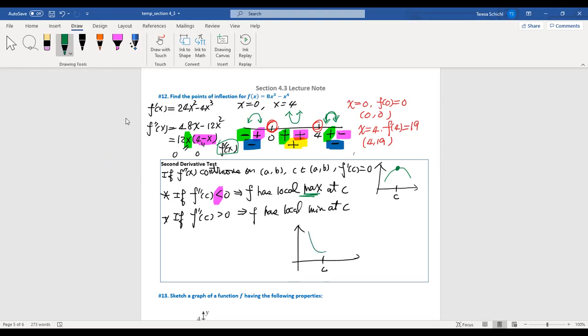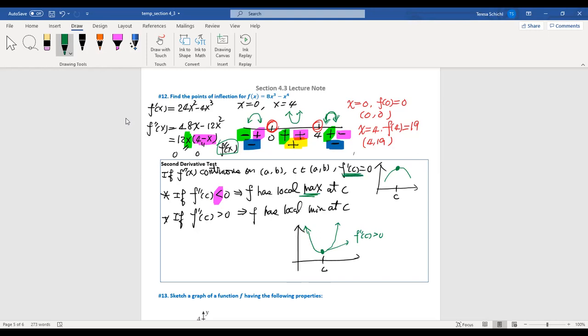That means I'm having concave up. So concave up, then this f double prime of c has to be greater than 0. Because it's concave up, at every point here the f double prime has to be greater than 0, right?